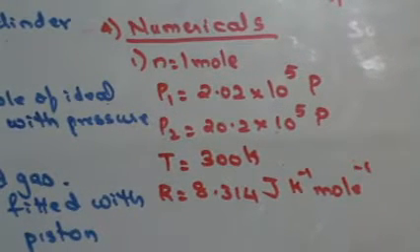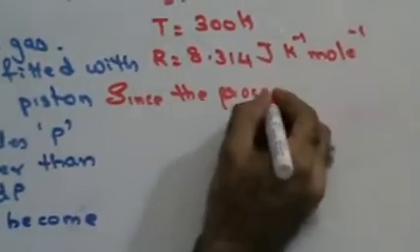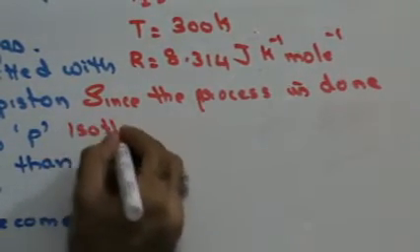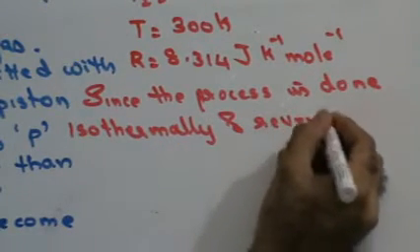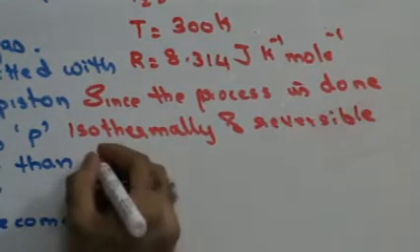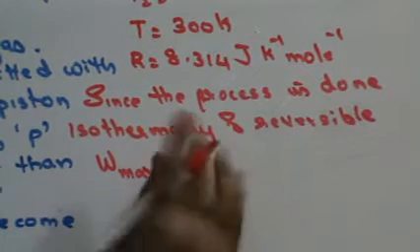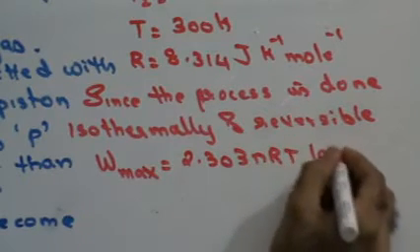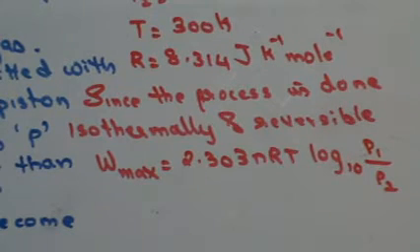Now, since the process is done isothermally and reversibly, the work done will be maximum work. Therefore, I can say that W max is equal to 2.303 nRT log of P1 upon P2 to the base 10.